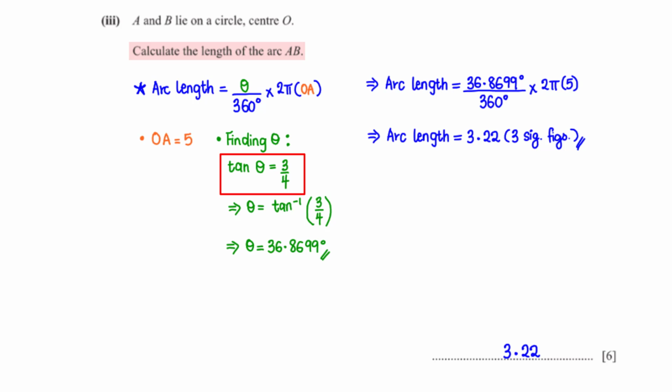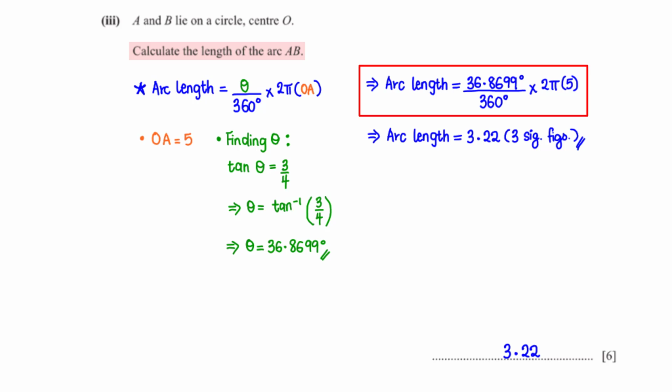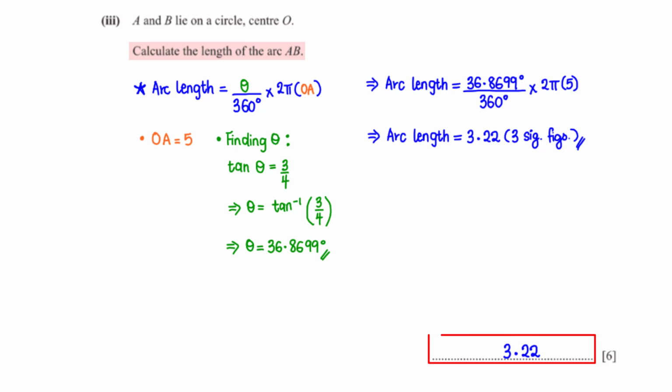When we make theta the subject, this is what we have. When we type this into the calculator, this is what we get. When we plug in the values of theta and OA into the arc length equation, this is what we get. When we type this into the calculator, we get 3.22 rounded to 3 significant figures.